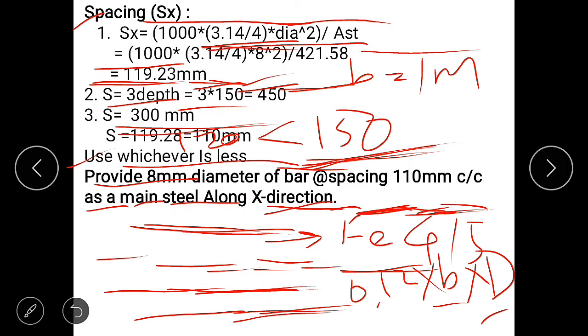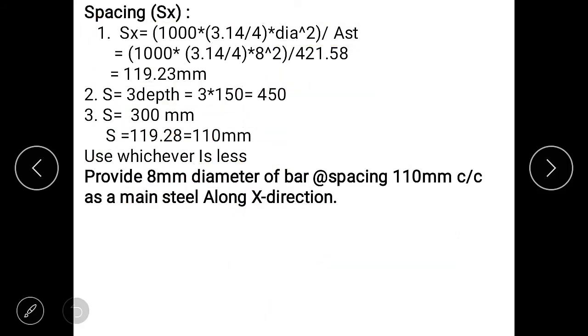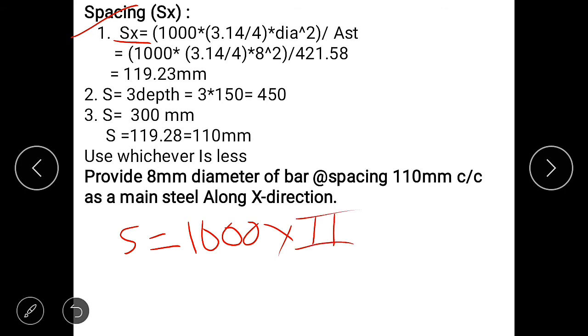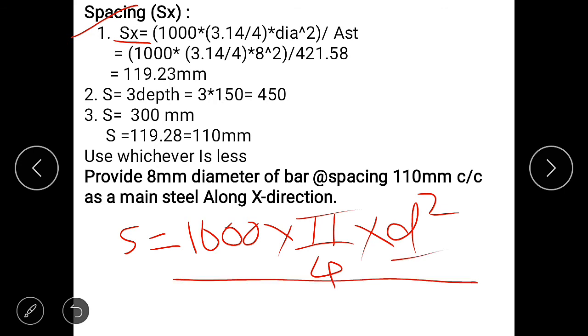Now we have to calculate spacing for X direction. To calculate spacing, the formula is 1000 into pi by 4 into d square, where d means diameter of bar, divided by AST of X direction.